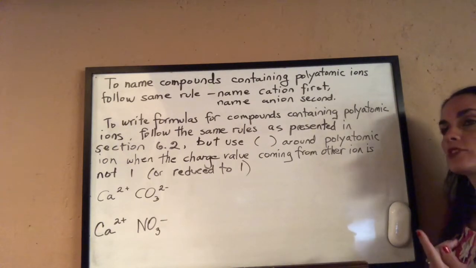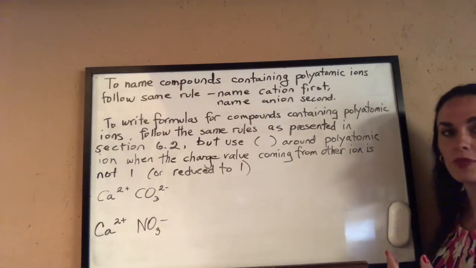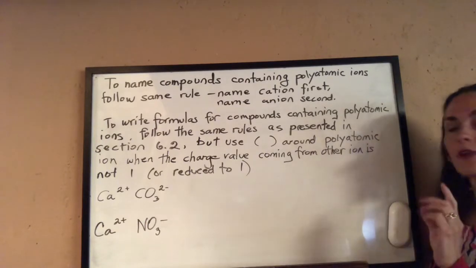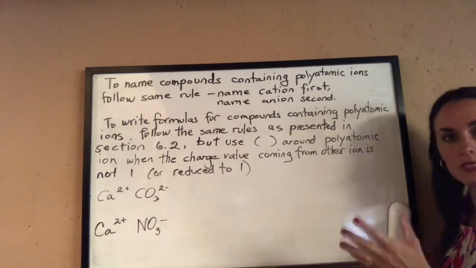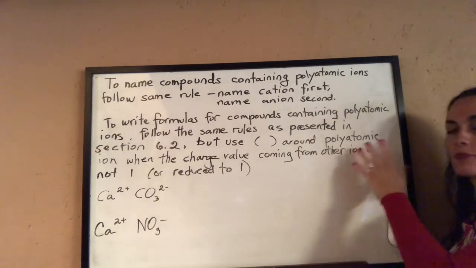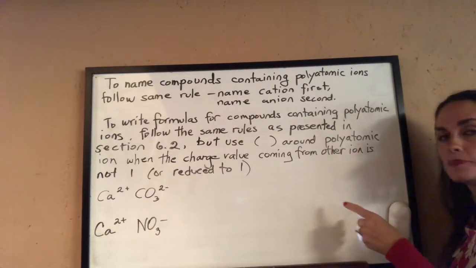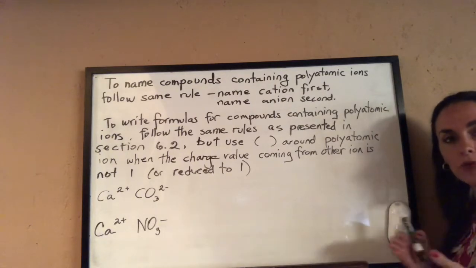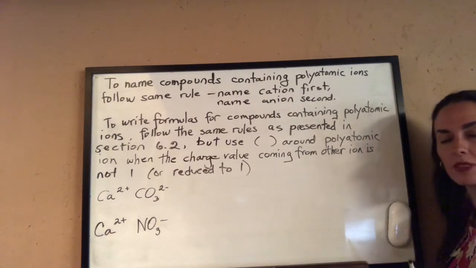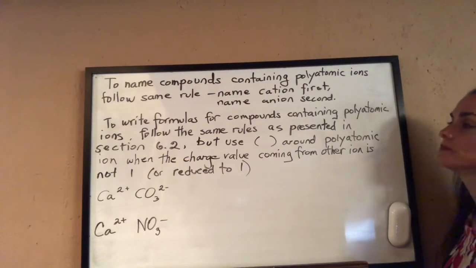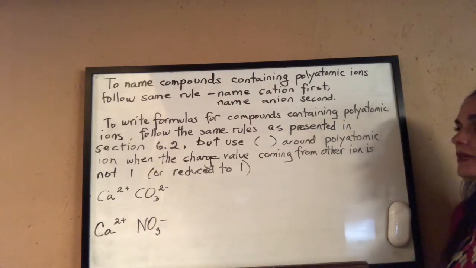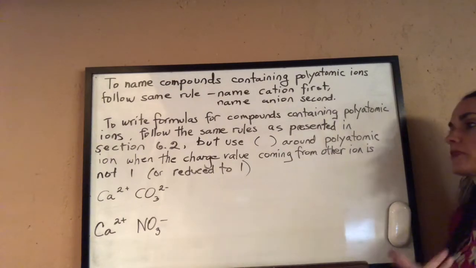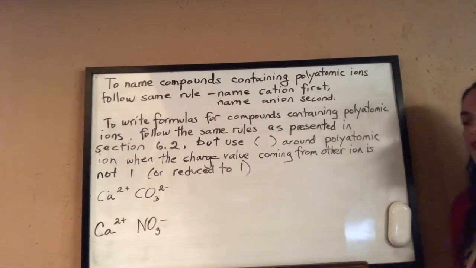Sulfate contains 1 sulfur and 4 oxygens; that's an entity. We follow the same rules from section 6.2, with the value of the opposite ion's charge becoming the subscript of the other ion. But now we need to use parentheses around the polyatomic ion when the charge value that comes from the other ion is not 1 or reduced to 1.